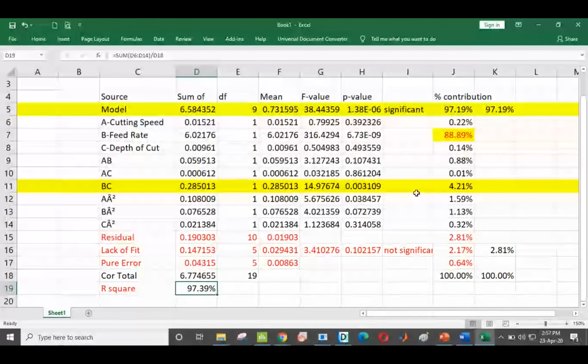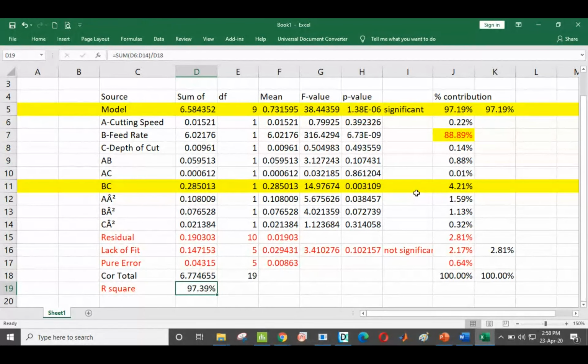Yesterday someone asked, what is the purpose of degrees of freedom? The degrees of freedom is used to determine the mean sum of squares, and it is also useful in formulating this ANOVA table so that the significance of selected parameters can be determined.